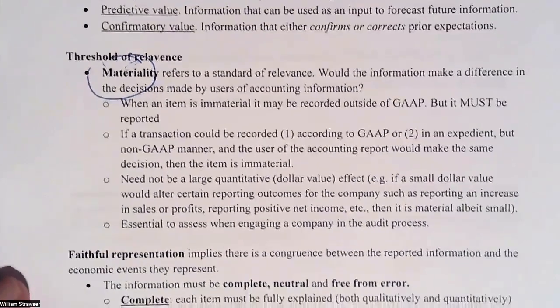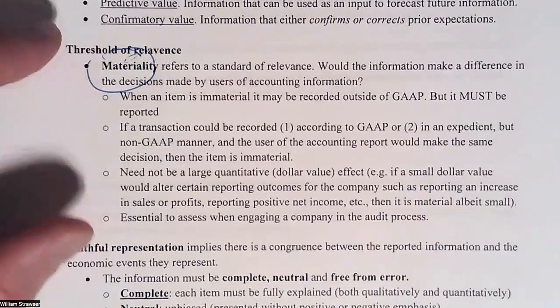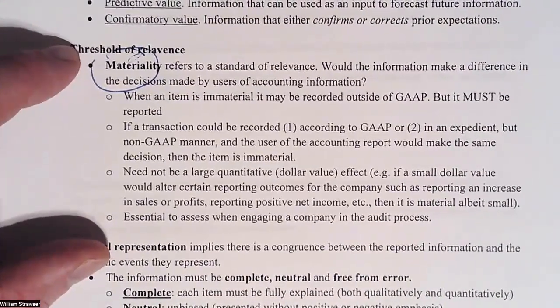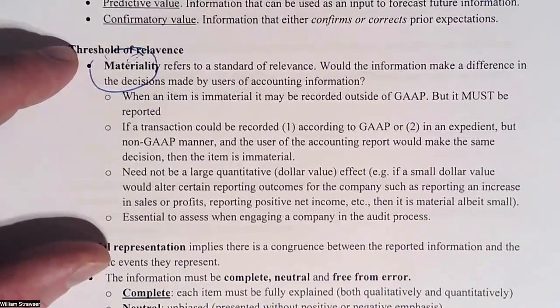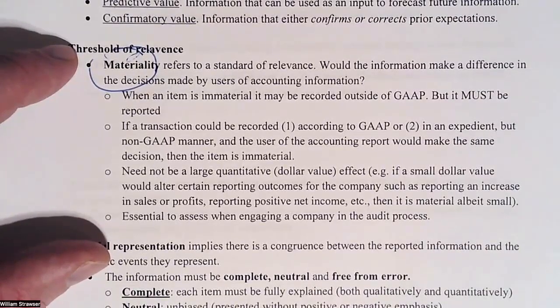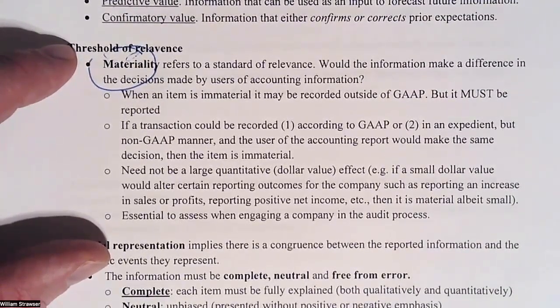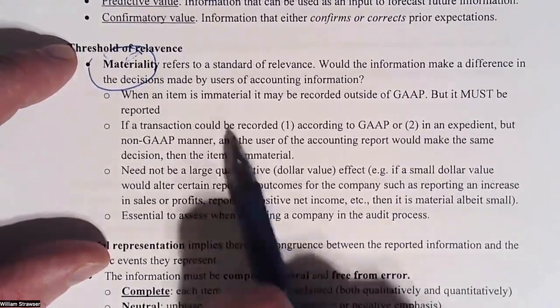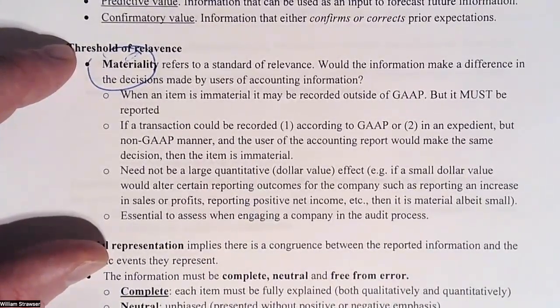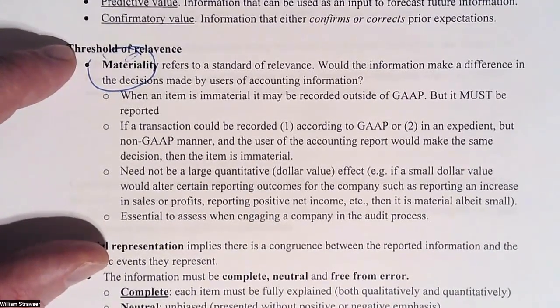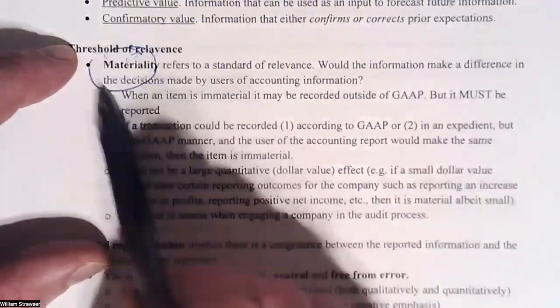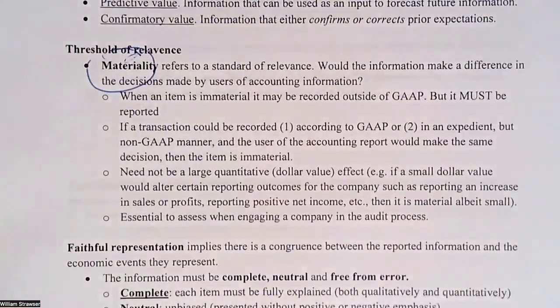I won't get too far into the professional judgment, but understand that we have to record everything. Now, if it's immaterial, then we have to record it, but we can record it outside of GAAP. This term will come up a lot in auditing for sure, and some of your other accounting courses. So just be familiar with it.